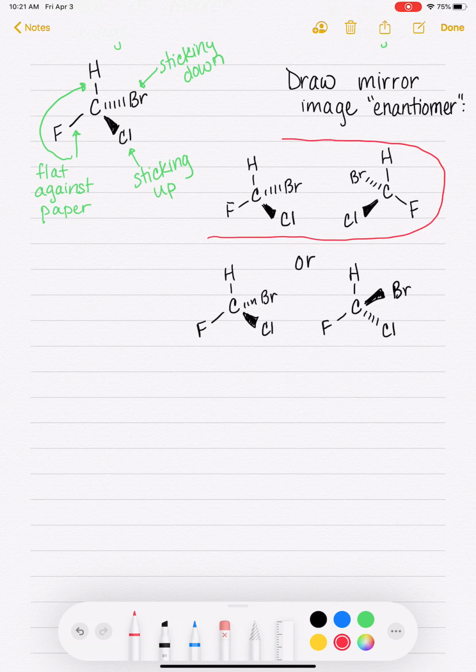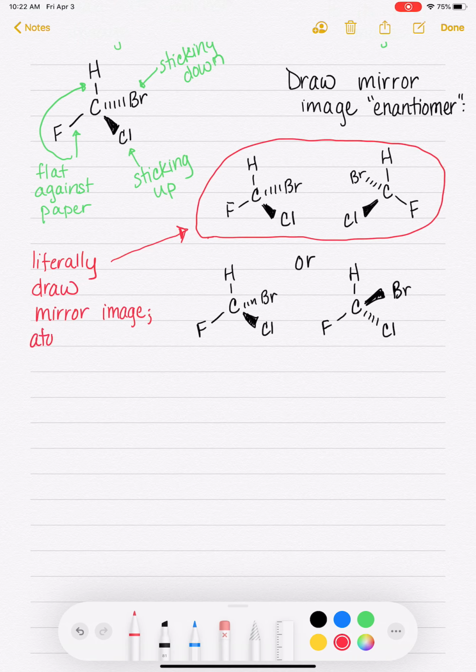So for this method, when we're drawing a mirror image, we literally draw the mirror image. We reverse the position. Everything that's on the left moves to the right. Everything that's on the right moves to the left.